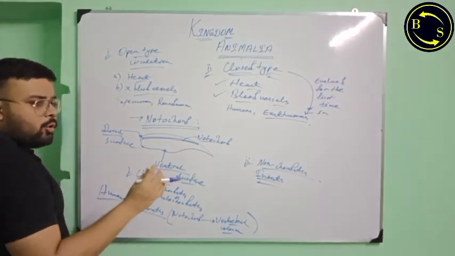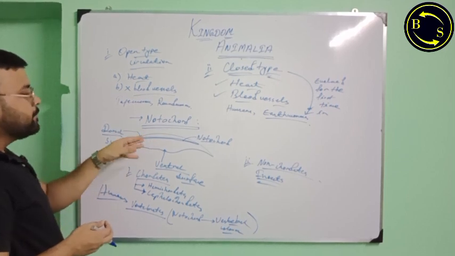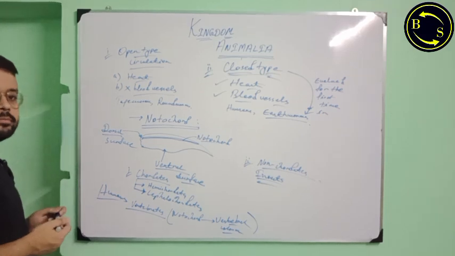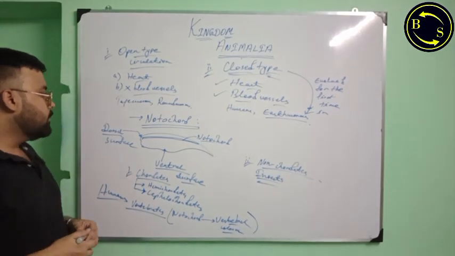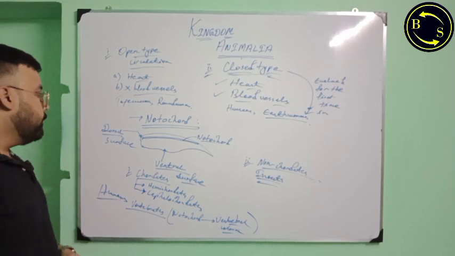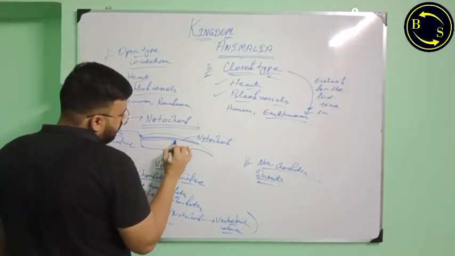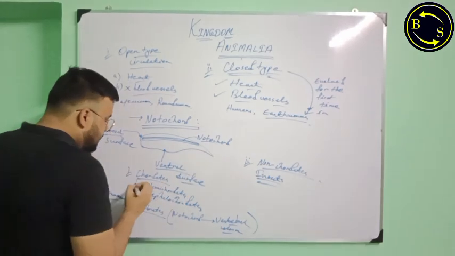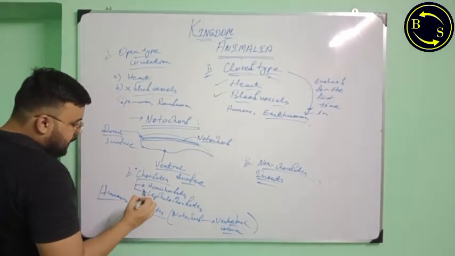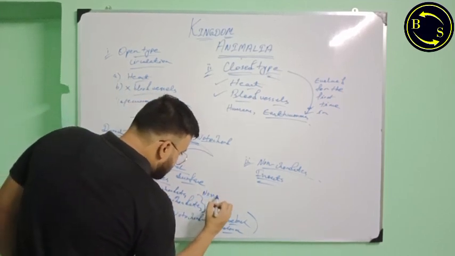We have this only in the primitive stages of embryonic development, and then it is replaced by a vertebral column. The notochord actually acts as a sheath or covering for the spinal cord. And these animals are known as chordates and these are known as vertebrates. These two groups are also known as non-vertebrates.